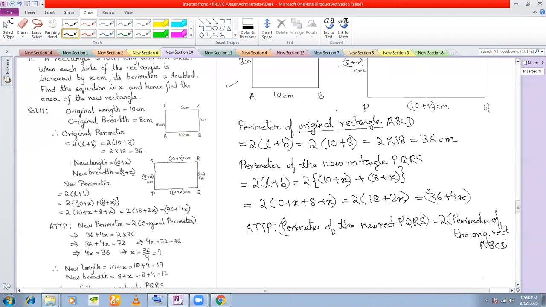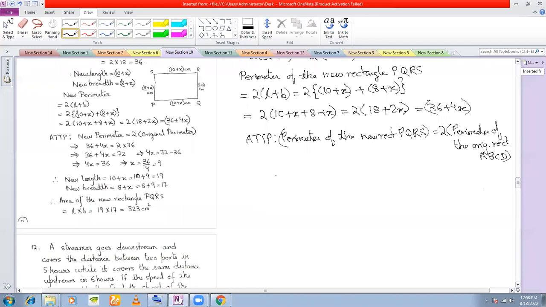This is the condition given. See here, when each side of the rectangle is increased by x to get the new rectangle PQRS, its perimeter is doubled. That means the perimeter of this rectangle is double the perimeter of this rectangle.